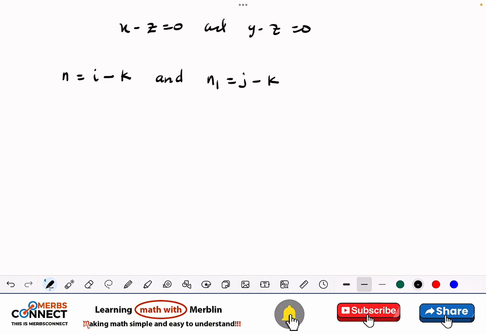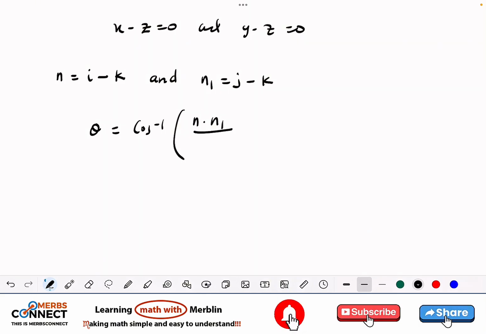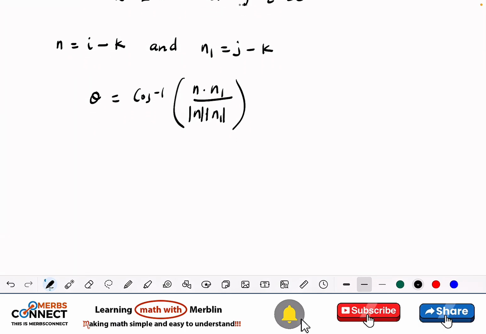So we need to go through the same process to find our theta. So we know that theta is equal to cos inverse of n dot n1 divided by the magnitudes of n and n1. So the same thing.